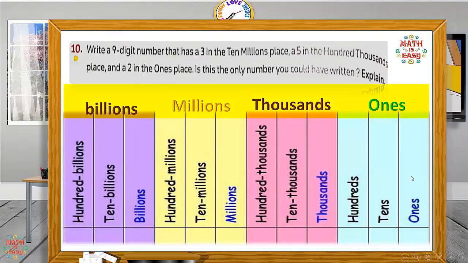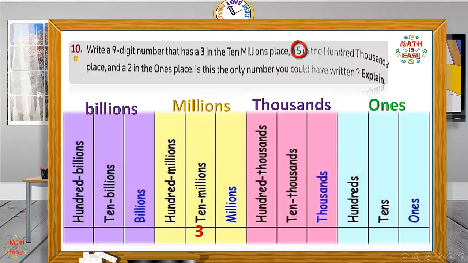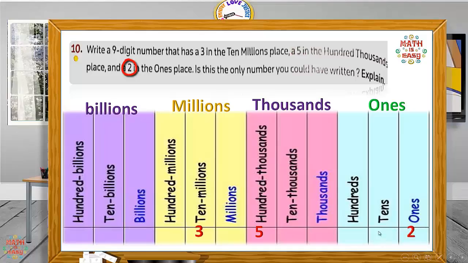We will write numbers as he said. He said 3 in the 10 millions place. This is the 10 millions place, we will write 3. And 5 in the 100,000s. Where is 100,000s? Here. You should write 5. And 2 in the ones place. After that, as you like, you can write any digits.